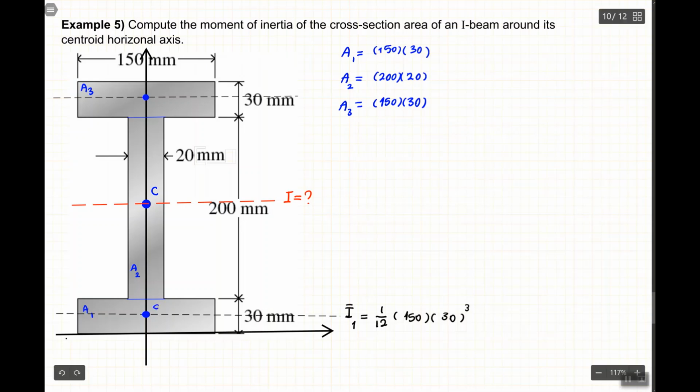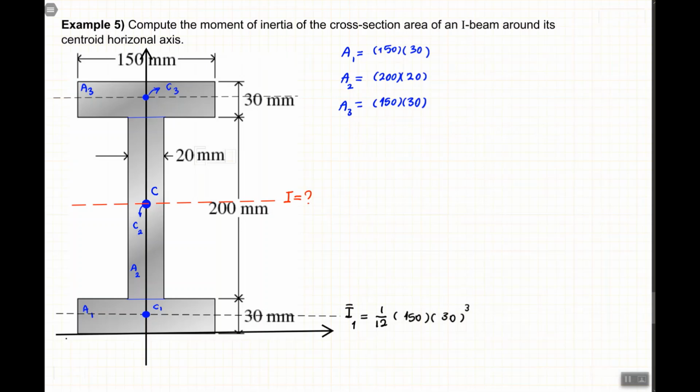Remember, this one is C1, this one is also C2, which happens to coincide with the total C. The centroid of area 2 is at the center at this point, and the centroid of the total area is also at the same point. But this one is C3, right?